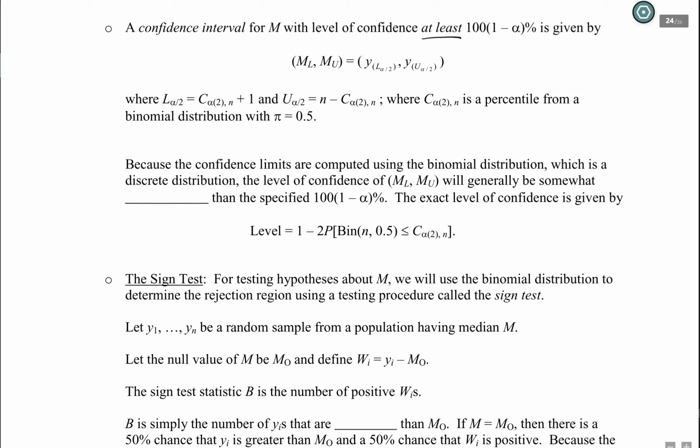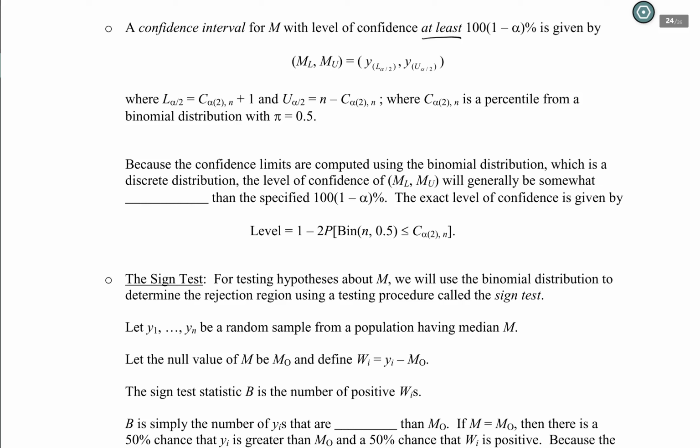I just need to figure out what L and U are. The L value is a C value plus 1. The U value is n minus a similar C value. This C sub alpha over 2 is a percentile from a binomial distribution with pi equal to 0.5.